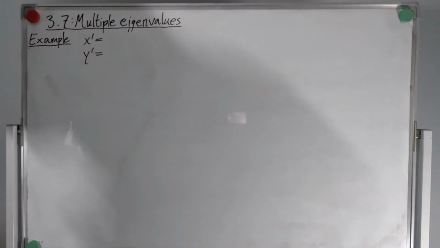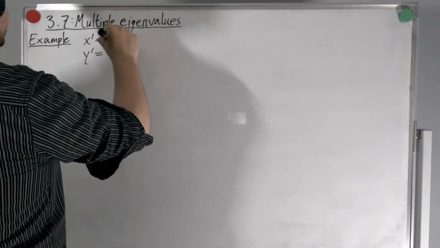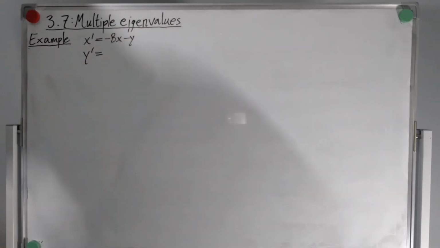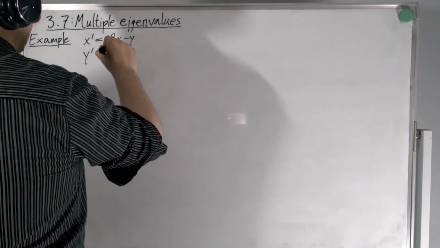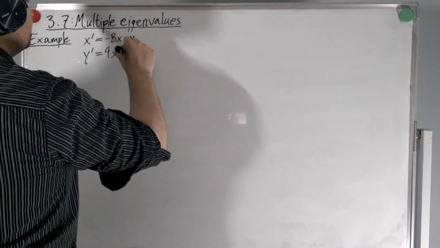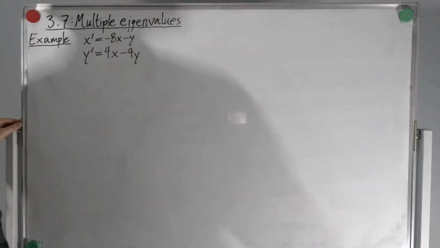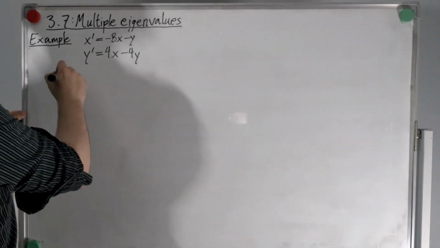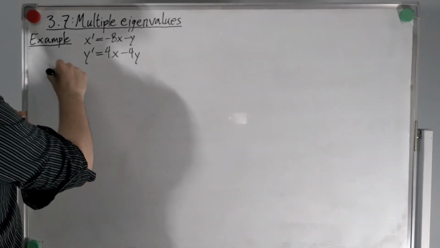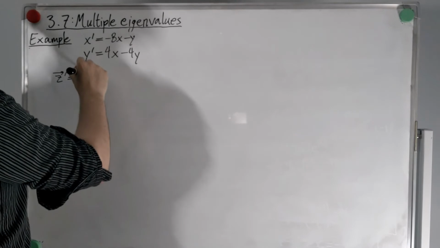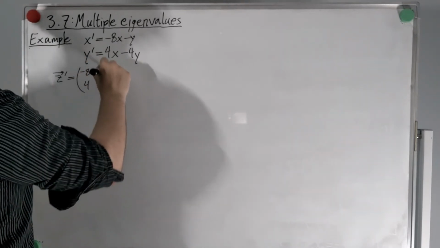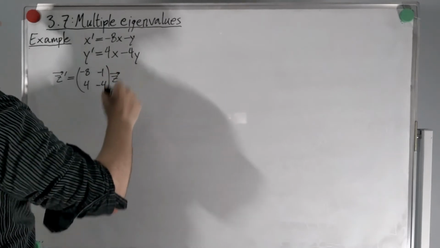Let's say x prime equals negative 8x minus y. y prime equals 4x minus 4y. Okay. So once again, convert this to a matrix equation. z vector prime equals (-8, -1, 4, -4) times z vector.